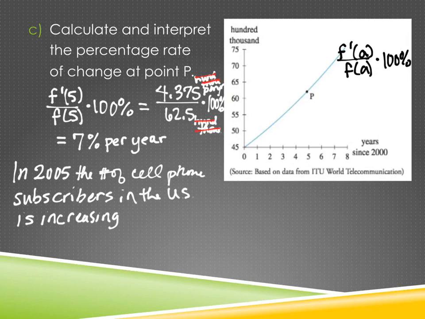The fact that this is happening in one specific year instead of over a time interval. Okay, is increasing, and then how? By 7% per year. Good job. Very well done. Any questions on that? All right.